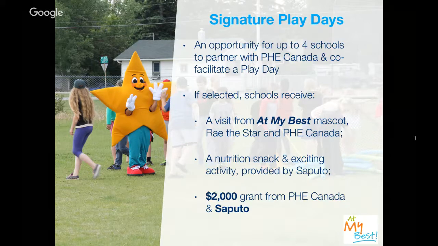And if they're selected, they receive a visit from the At My Best mascot, which is Ray the Star, and she's pictured up on the screen there, as well as PHE Canada. So we support in the delivery of that event. They also receive a nutritious snack and exciting activity from Saputo, as well as a $2,000 grant from PHE Canada and Saputo. And that's given to the school following their event.